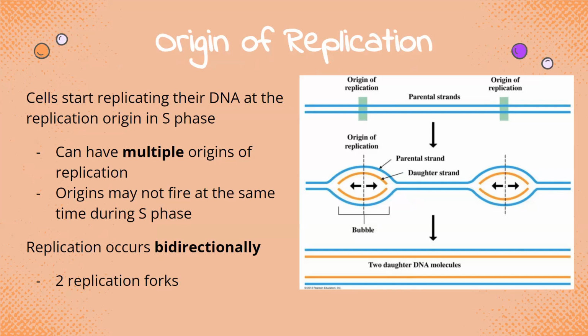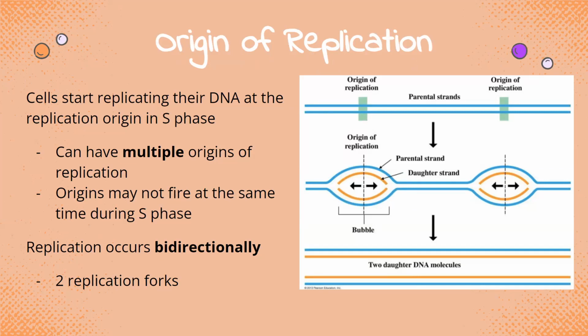Okay, and then for origins of replication, as Lily talked about and we talked about yesterday as well, replication starts in S phase, and you can have multiple different replication bubbles starting. Think about the size of the genome, especially for humans. You need a lot of these so that it can be done in a timely manner. You're not originating from just one spot and hoping to do the entire genome, because that's impossible.